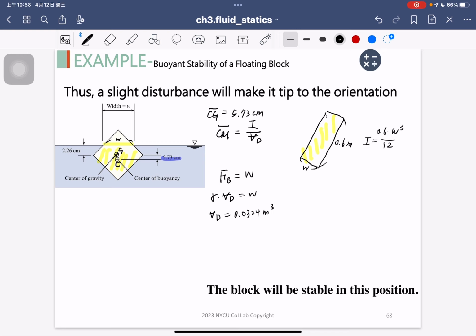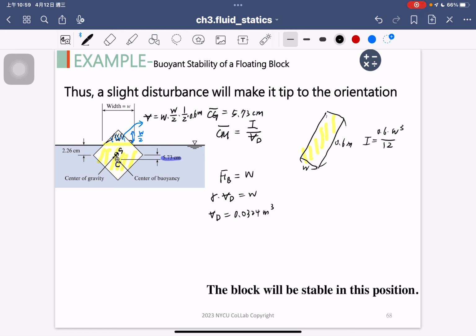So we recalculate. We know that for the volume on the top, the width is W, and the triangular height is 2 over W. So we can compute the top volume as W multiplied by 2 over W, divided by 2, because this is a triangular area, the yellow region, the blue region, and multiplied by the length of 0.6 meter.